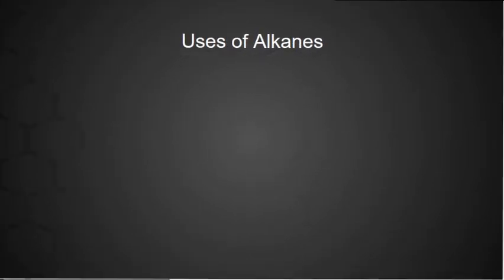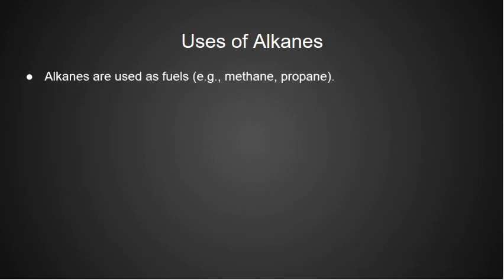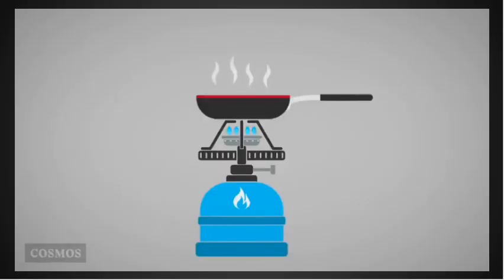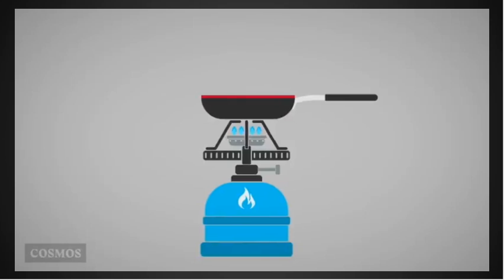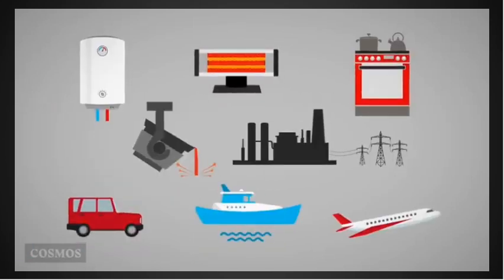Uses of alkanes. Alkanes are used as fuel, e.g. methane, propane. Now, did you know that there's something we call biogas? That's why basically now nothing is totally a waste. For instance, cow dung can actually be used to generate domestic gas we use for cooking.